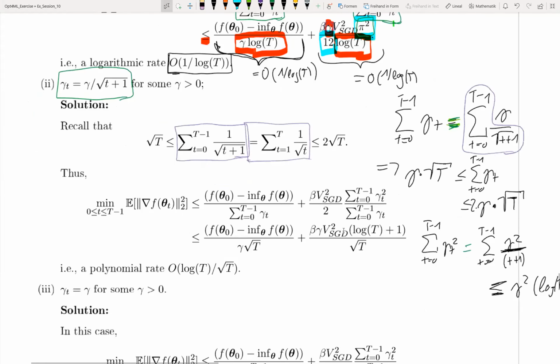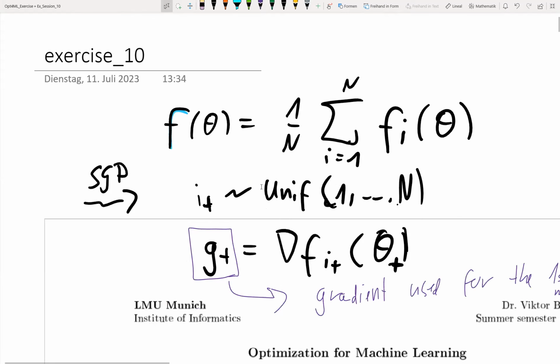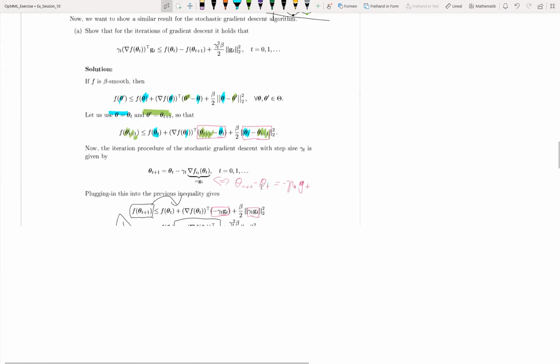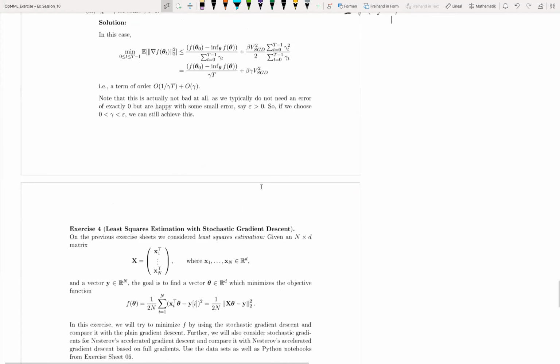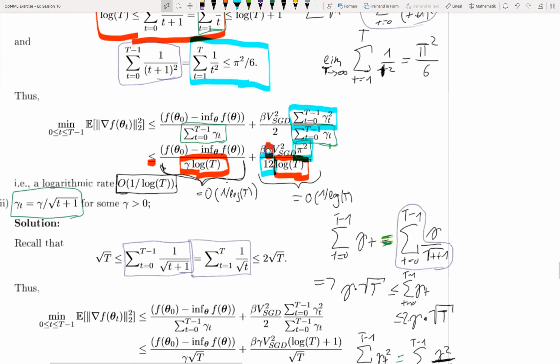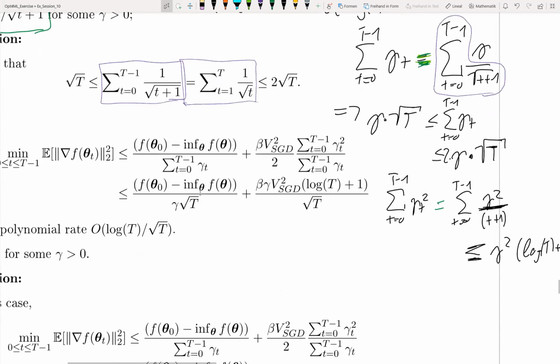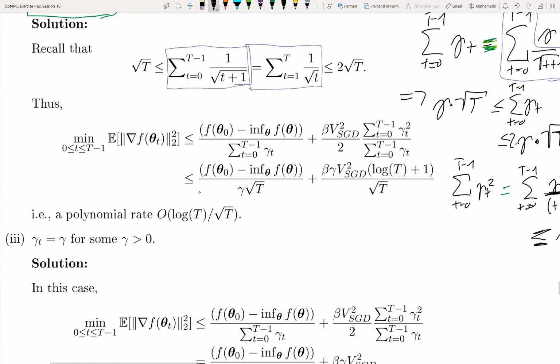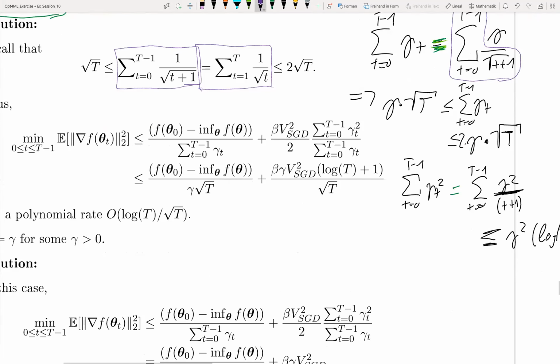Okay, and then plugging in everything, we have, on the one hand, the lower bound, which we can use here, and we can use here.